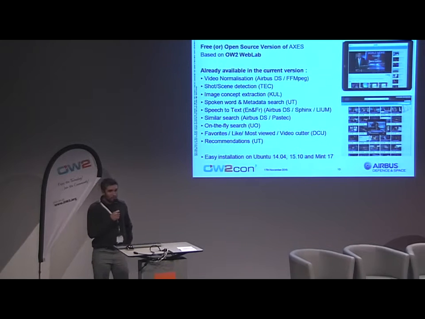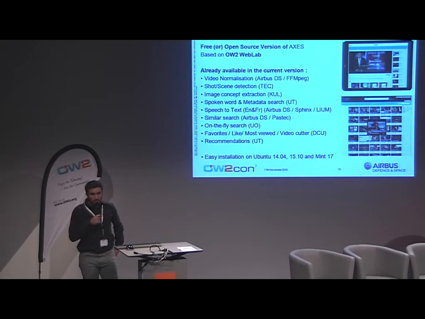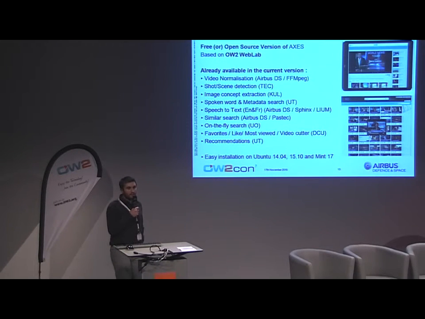The idea of the on-the-fly search is that you cannot always predefine the kind of objects, the kind of information that you want to extract and annotate inside a video. For instance, the KU11 system is relying on the 1,000 classes that are provided by ImageNet. So there are 1,000 kinds of information that are annotated.